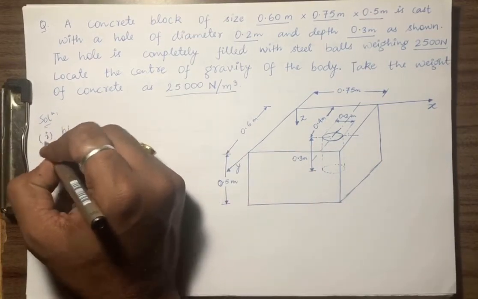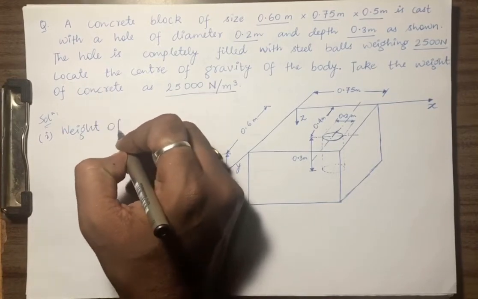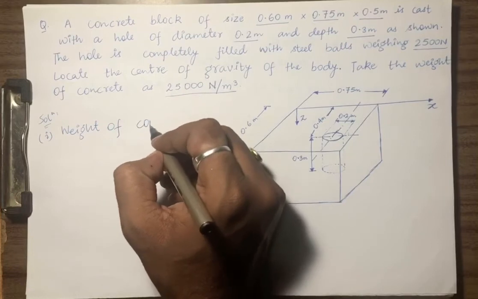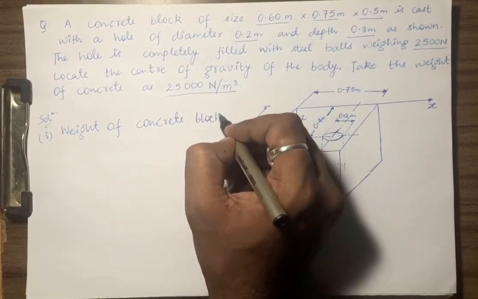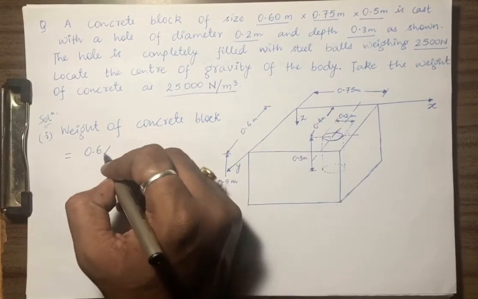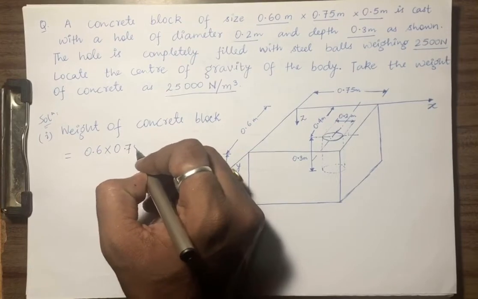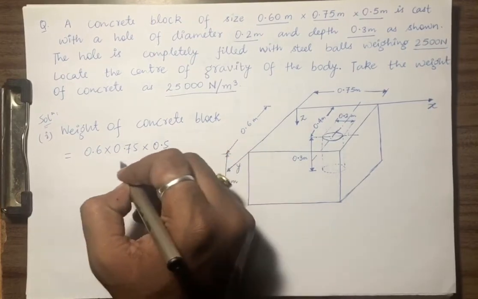So first, weight of the concrete block, the whole concrete block. Volume is 0.6 multiplied by 0.75 multiplied by 0.5.